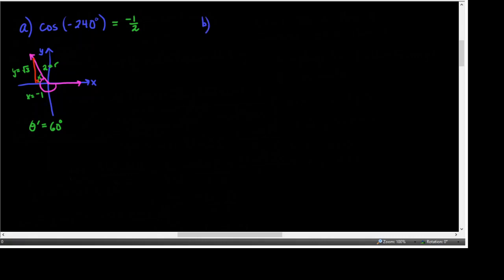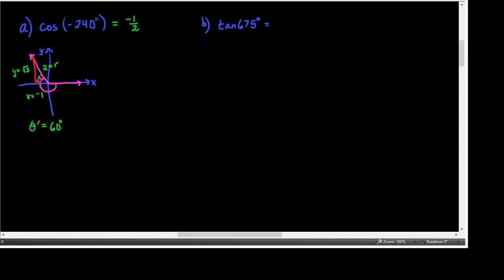B, tangent of 675 degrees. All right. So since that's bigger than 360, I'm going to find a coterminal angle for that.